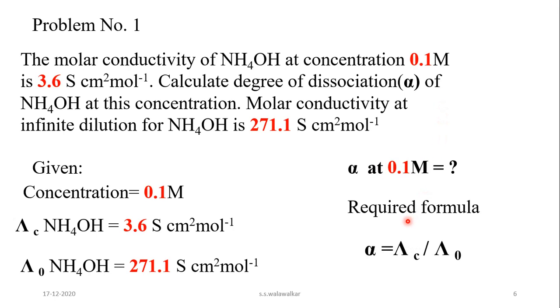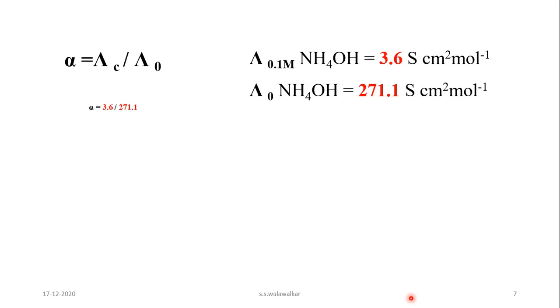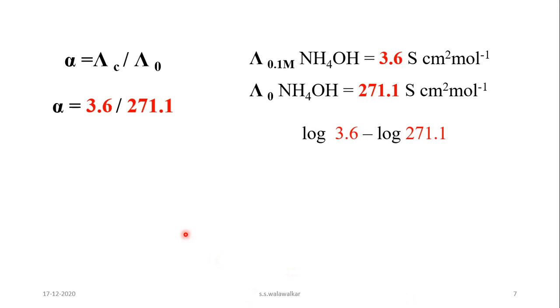Therefore, the required formula is alpha equal to lambda C divided by lambda 0. The value of lambda C is given, lambda 0 is given, concentration is given. So calculate by using 3.6 divided by 271.1.